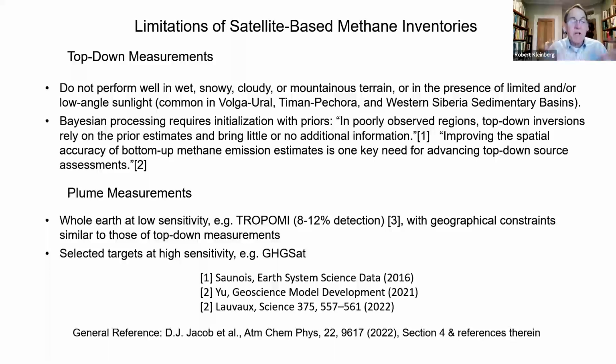Now, with respect to plume measurements, this is really a different world. The data is the same. It's still the line integral of methane concentrations along that path from the Earth up to the satellite. But the problem with the plume measurements is that although you see the whole Earth, the measurements have a fairly low sensitivity.